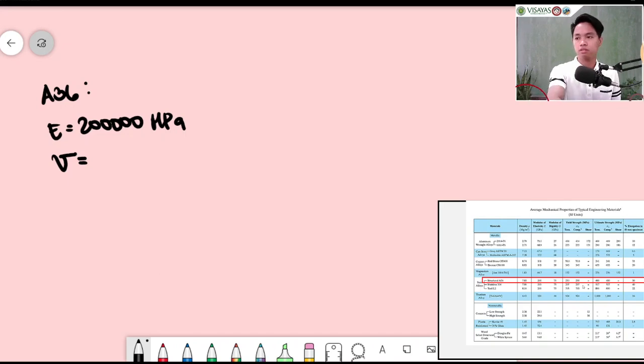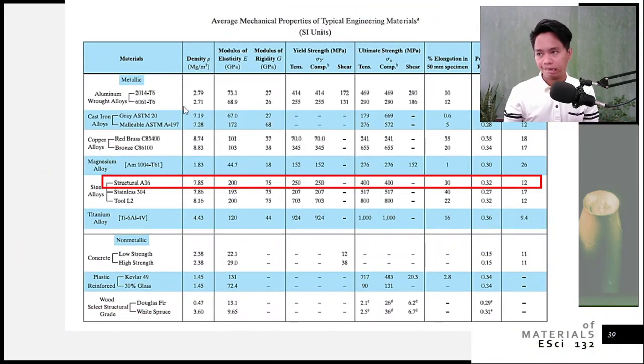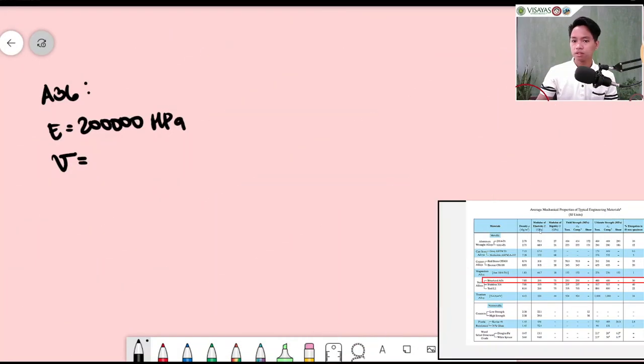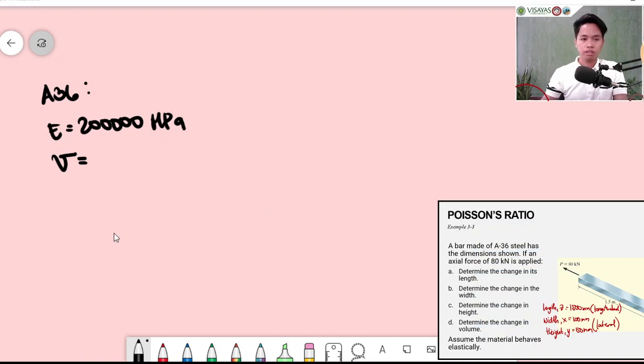Your Poisson's ratio is 0.32. So that would be 0.32.